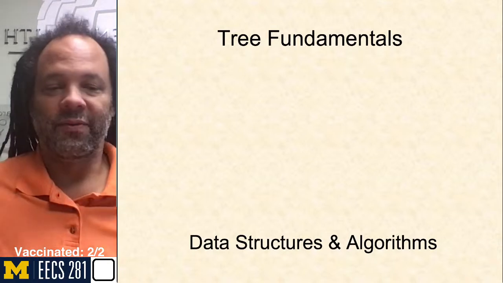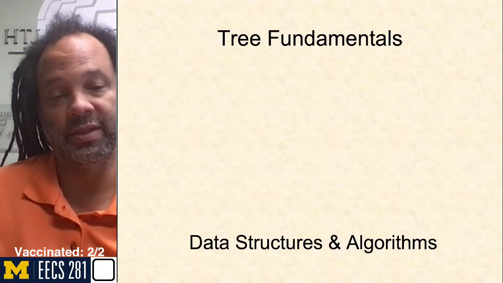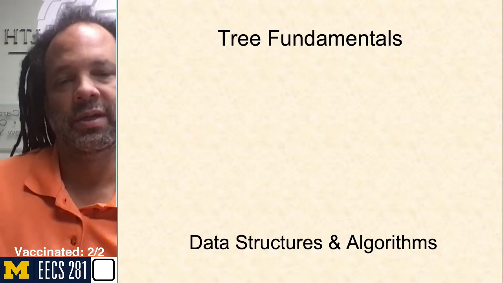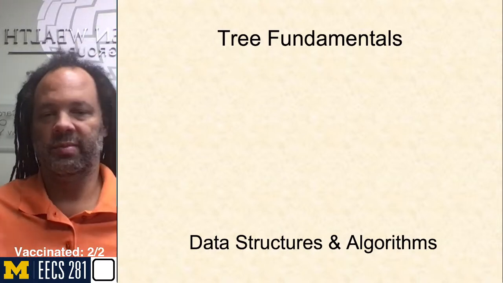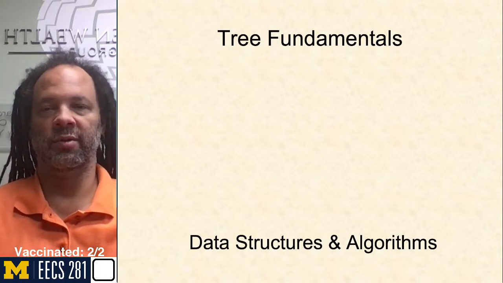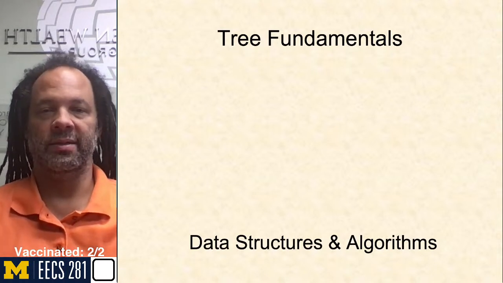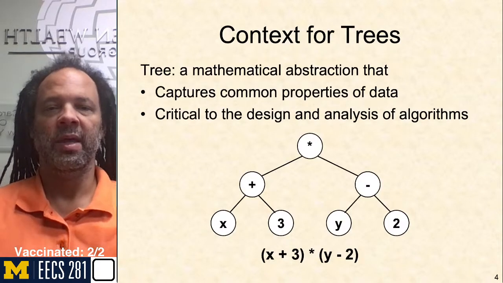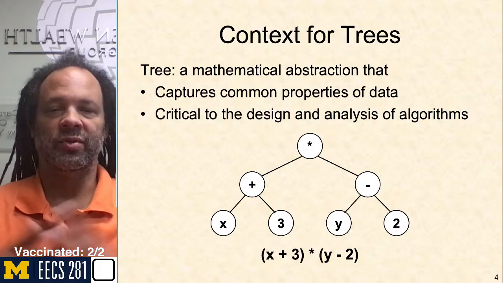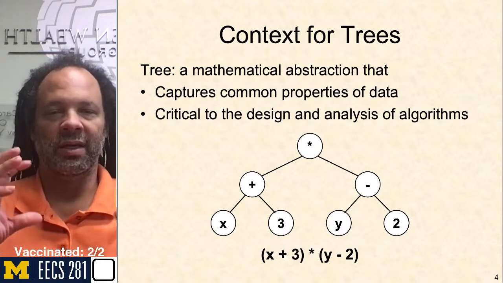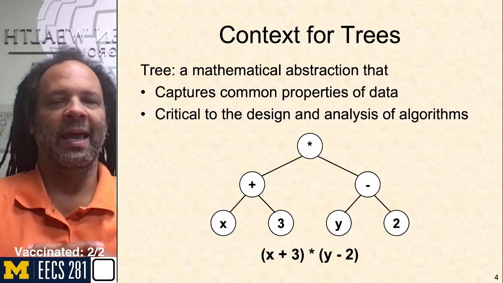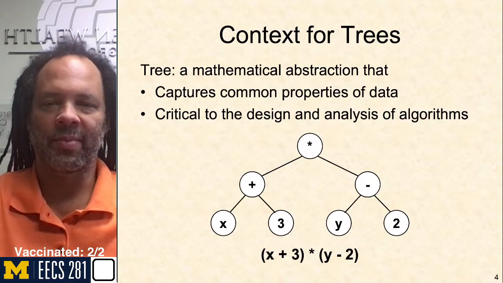We're going to be talking about the fundamentals of trees. We've already discussed them just a little bit as we worked on some of the stuff for our binary heap, where we had to have some tree basics in there. So some of this is going to be some real fast run-by slides to see if we can keep ourselves on time. But the context for trees is this great mathematical abstraction that allows us to take a lot of different situations and apply some common properties to them.